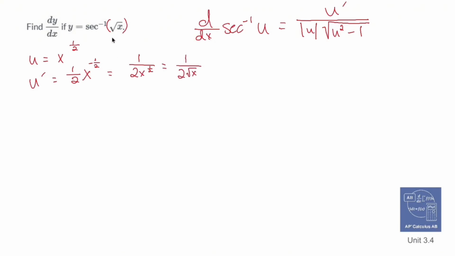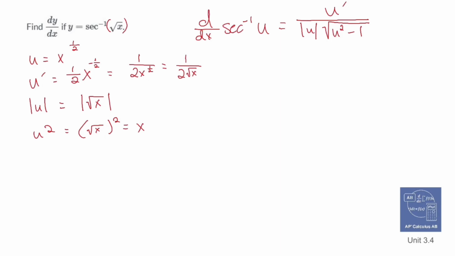Hopefully you have this memorized or have seen this enough by now that you know this turns into that, but if you don't, no big deal. So that's u prime. The absolute value of u is just going to be the absolute value of the square root of x. Don't overthink it. But if I wanted to find u squared, it's going to be square root of x squared, which is x.